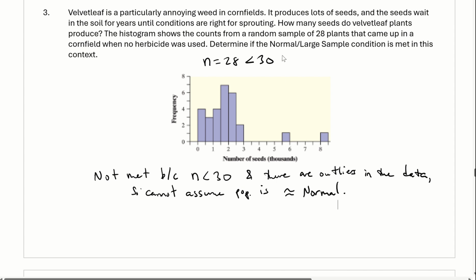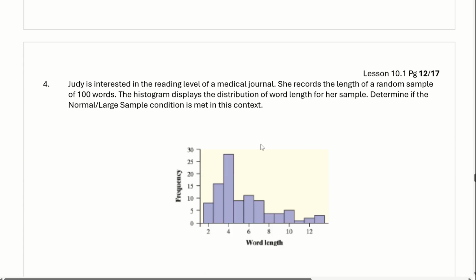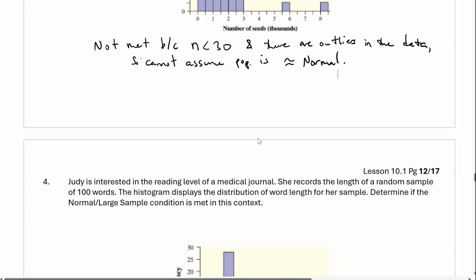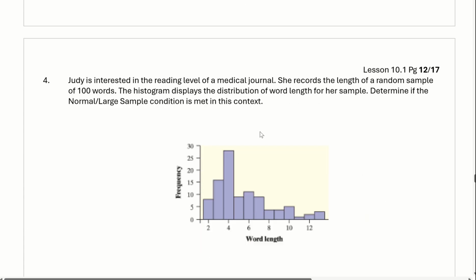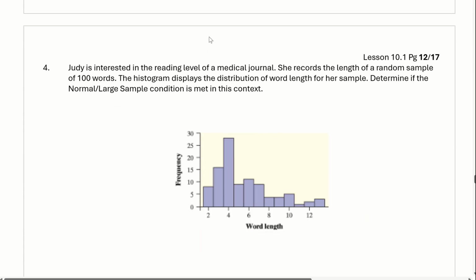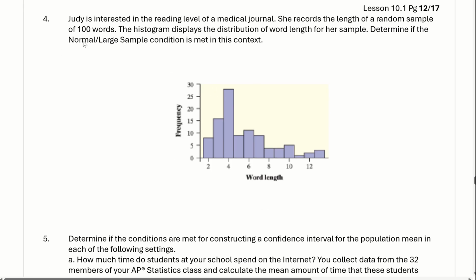And therefore we do not meet the condition, so we would not be able to do a one sample confidence interval for mu.